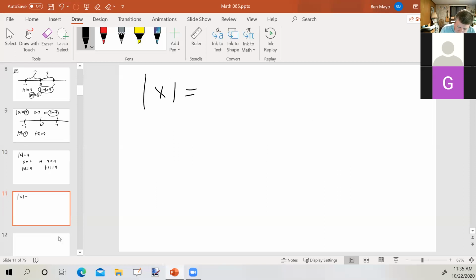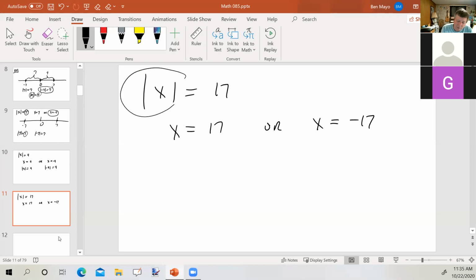If the absolute value of x is 17, we could say x is what? 17 or -17. Right. So when we have an absolute value equal to a positive number, there are two possible scenarios. The inside either has to equal the outside, or the inside equals the opposite of the outside, on the other side of the equation. Okay? Yes.